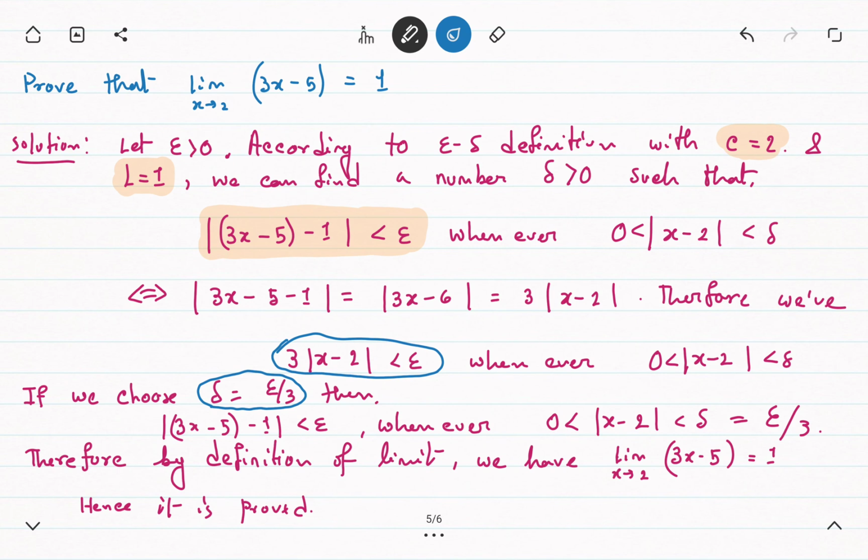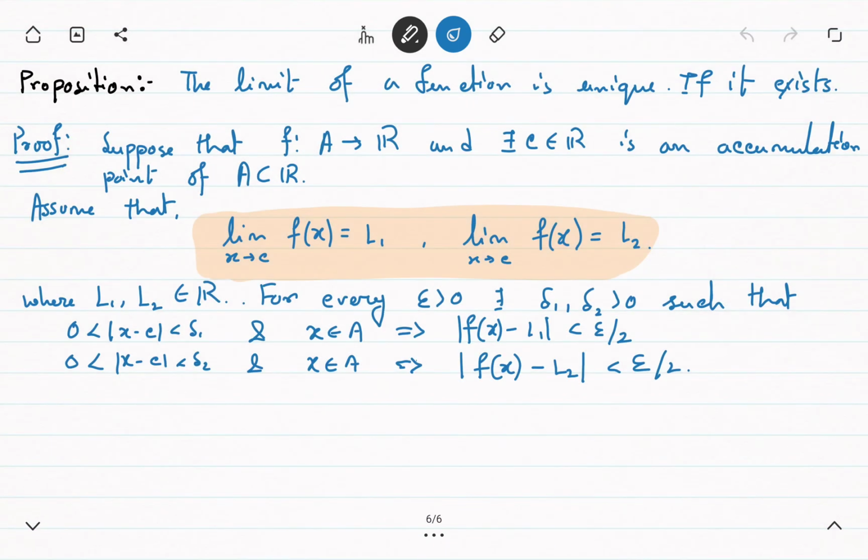Okay, so we have to take this delta in the sense that it's a minimum between two different deltas.